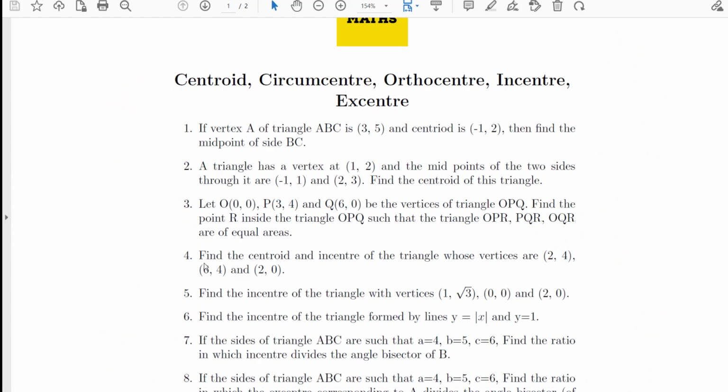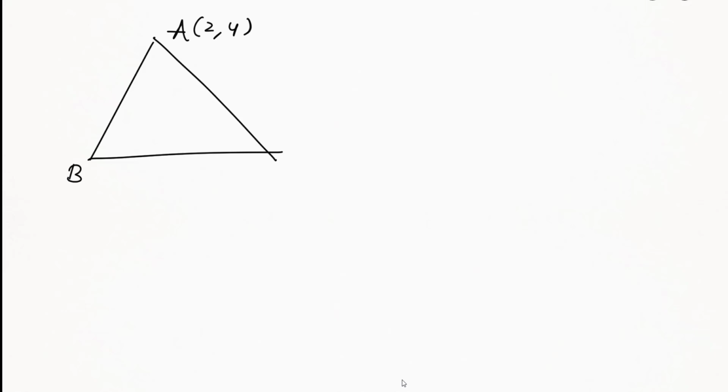Question number 4 is very straightforward, just the application of this formula so that you know how to calculate. Find the centroid and incentre of the triangle whose vertices are (2, 4), (6, 4) and (2, 0). Let's do that. A is (2, 4), B is (6, 4), C is (2, 0).